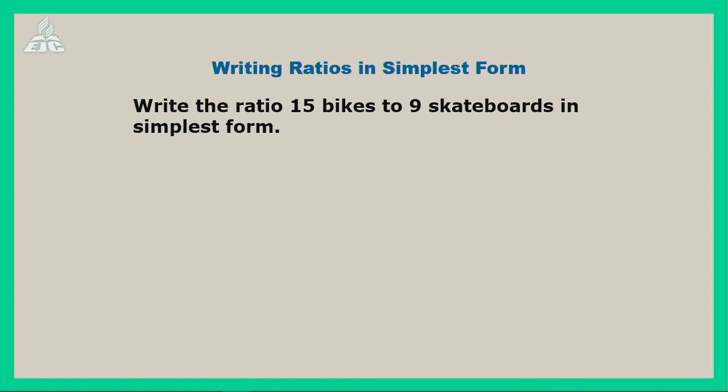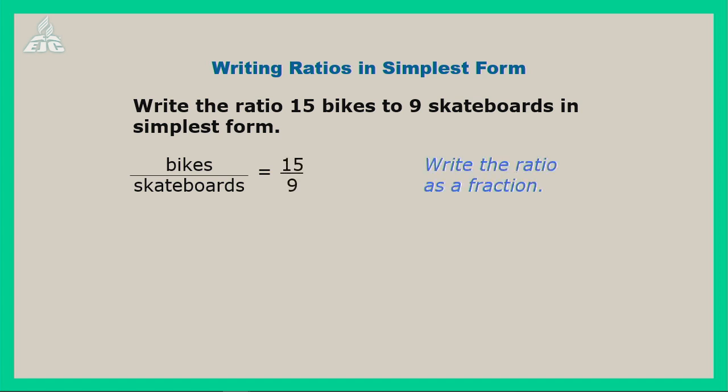We know that there are 15 bikes. So that's what we know. And there are 9 skateboards. So we're going to write it as a fraction. Bikes to skateboards. So we write the ratio as a fraction.